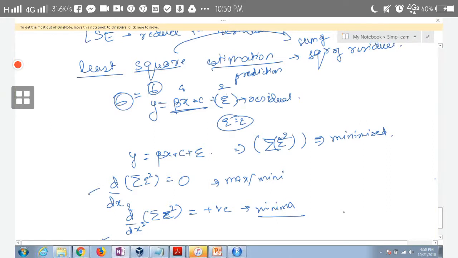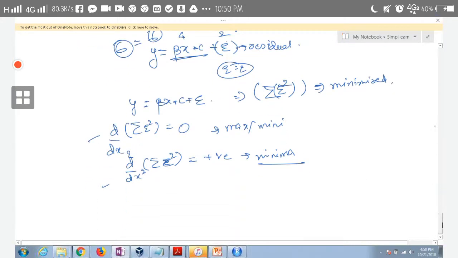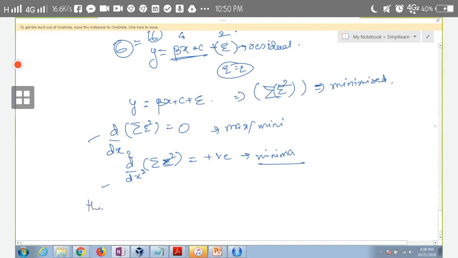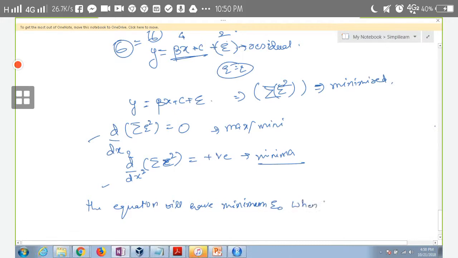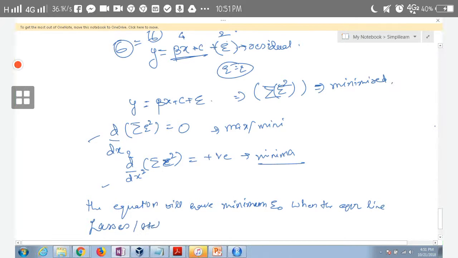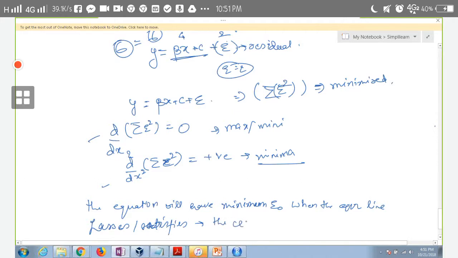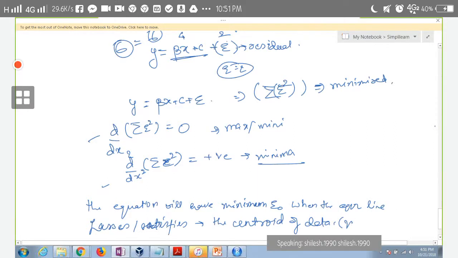You will not solve it here. When you solve these two equations, you will come to know eventually that the equation will have minimum epsilon when the equation line passes through the centroid of data, the mean.